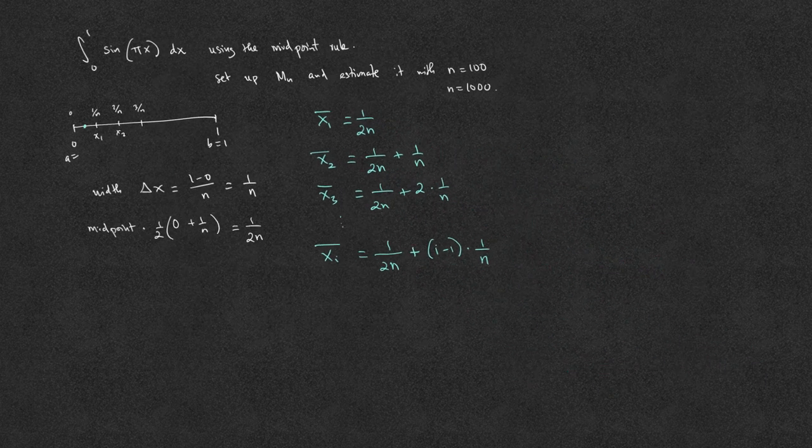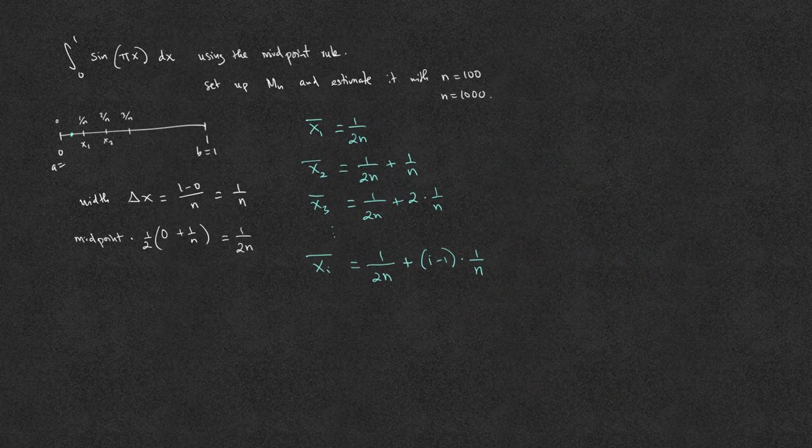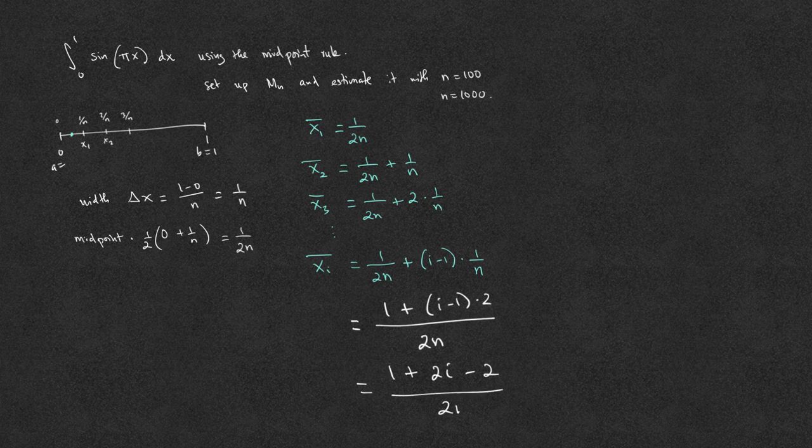With this x sub i bar, we can find the corresponding height. But before we do that, it is a good idea to simplify this. With 2n as a common denominator, we have (1 plus (i minus 1) times 2) over 2n. And so this is (1 plus 2i minus 2) over 2n, or (2i minus 1) over 2n.